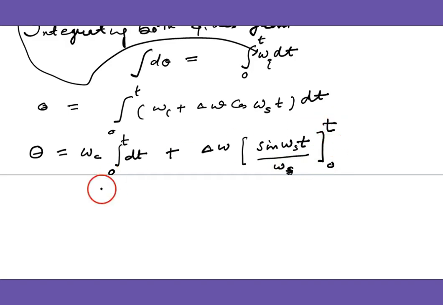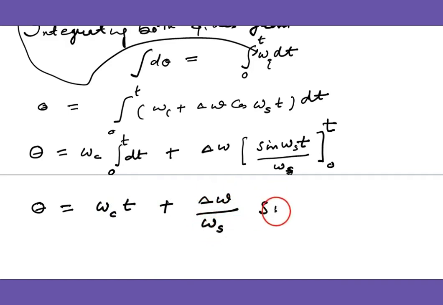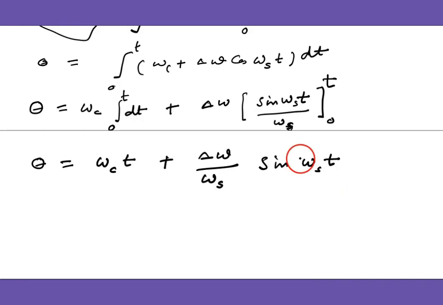This is the integration of cos omega st, right? So delta omega upon omega s sin omega st.